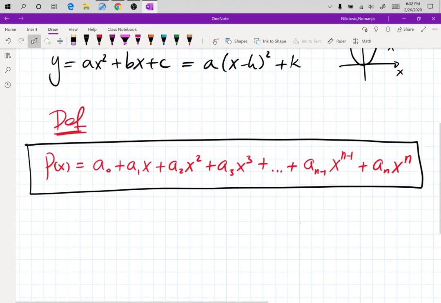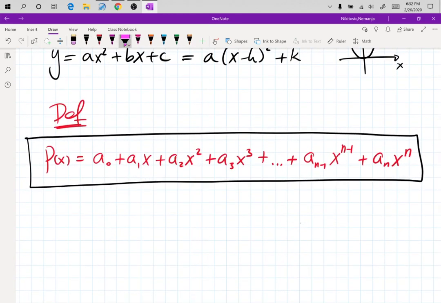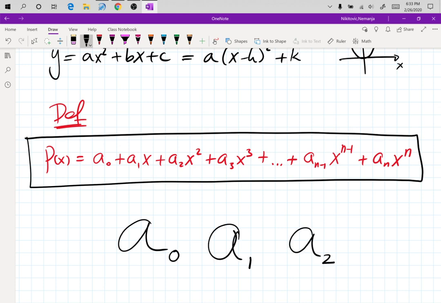Now, do we all understand the index notation, which is a, and then you have a little number here, 0, a1, a2, as opposed to a squared or something? Do we all understand the small numbers here? They're counting numbers.